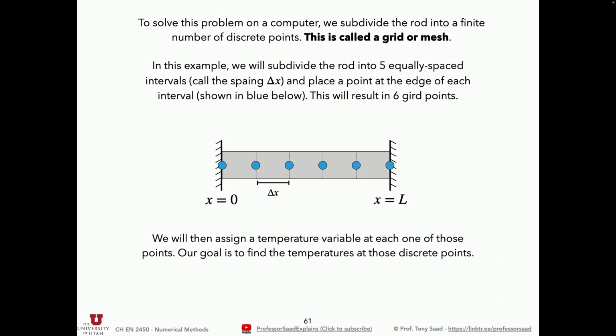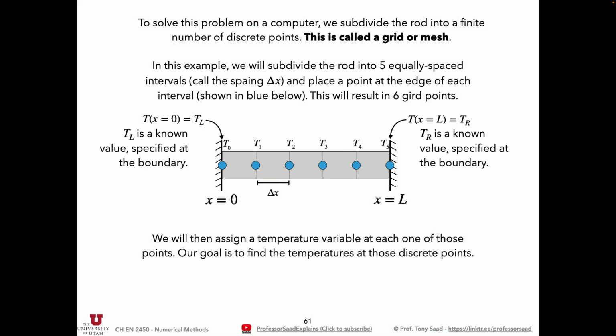So we split it into a bunch of points, and we assign a variable at each one of those points, starting with T0 on the left all the way to however many points we want. I put 6 points here, so we're going from T0 to T5. But you could go to T million. You could put 1,000,000 points here.